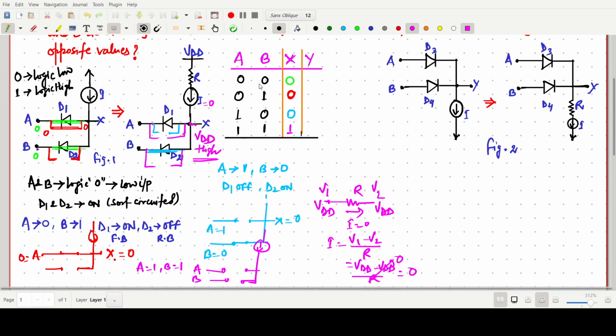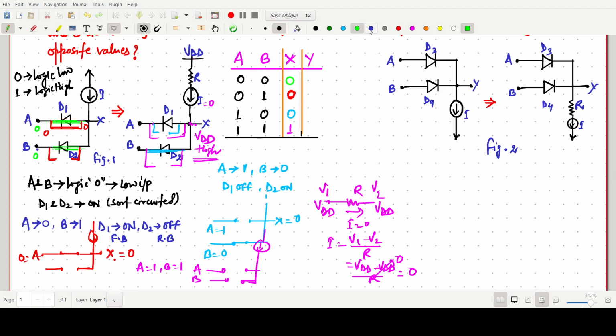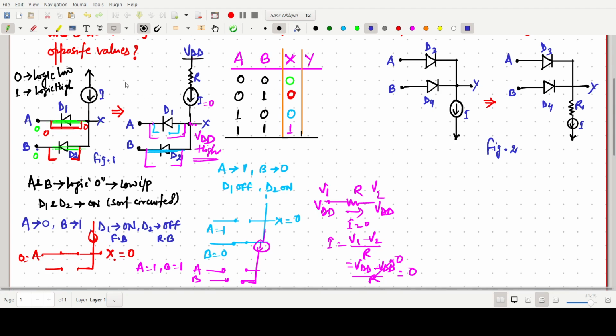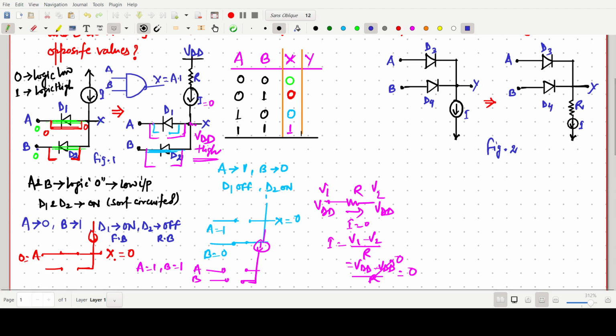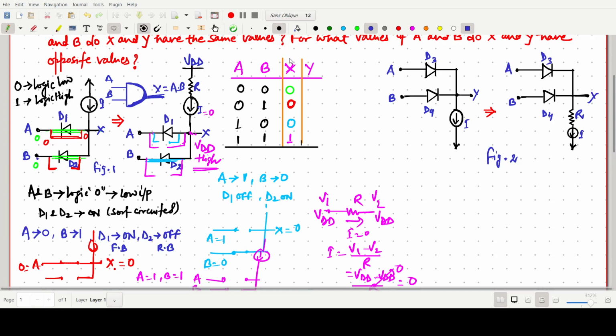So this represents X, which is nothing but simply our AND gate, A and B, so X equals A and B. X is nothing but simply A into B, that's why we are saying this is a logic AND gate.